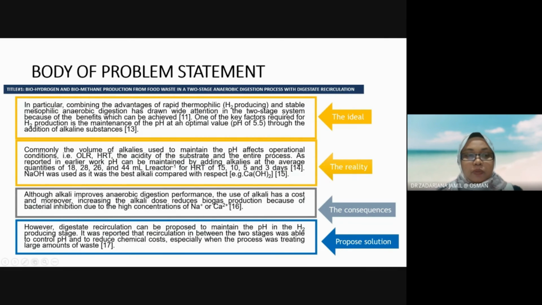So you need to follow the flow: the ideal section, the reality section, followed by the consequences section and the proposed solution. The proposed solution you need to relate to your study.